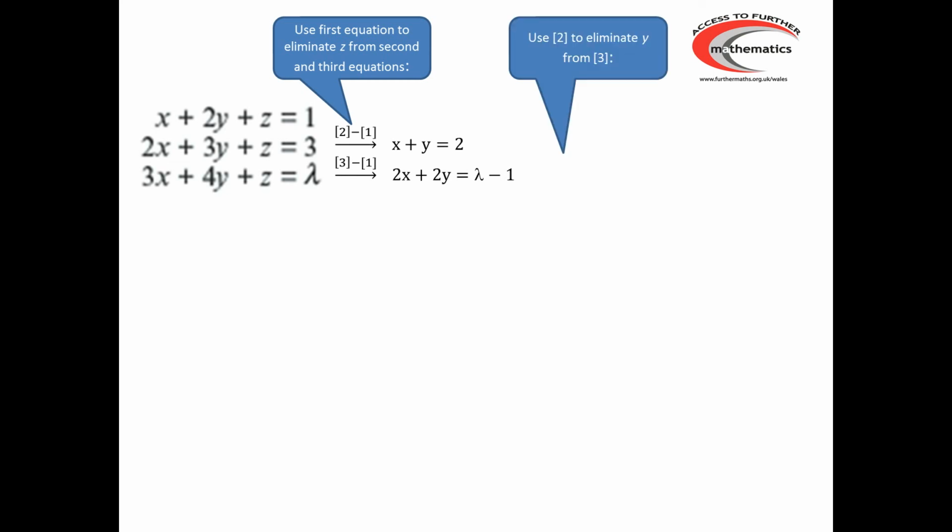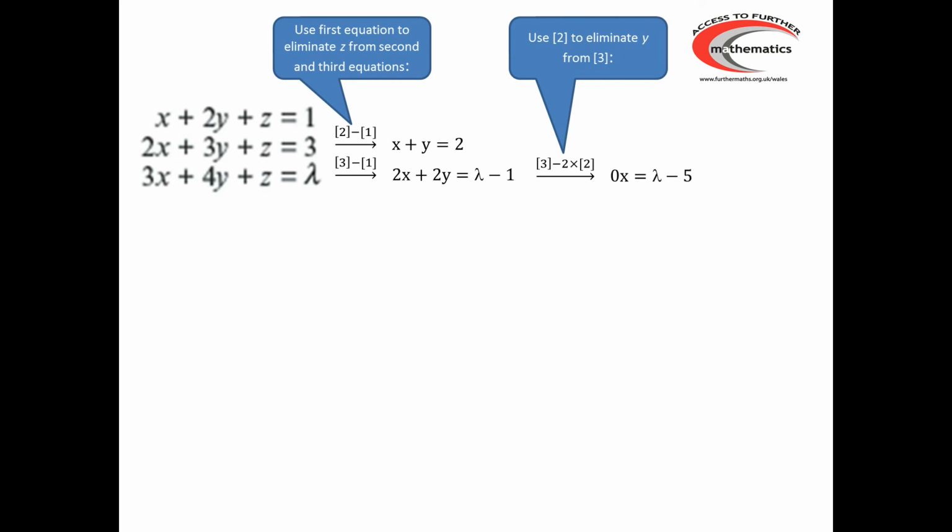Okay, we're now going to try and eliminate y from the final equation, equation 3. And we can do that relatively easily by taking the third equation and subtracting twice the second equation.